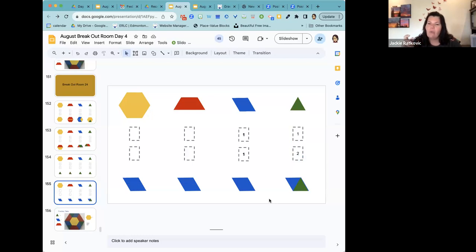There's no way that with that green triangle I would have more than 1 whole, because when I slide it over, it's only fitting half of that rhombus or parallelogram. So I think that benchmarking of more than 1 whole, less than 1 whole, more than 1/2, less than 1/2 is a real big conversation that also has to be had before students start moving these components around.